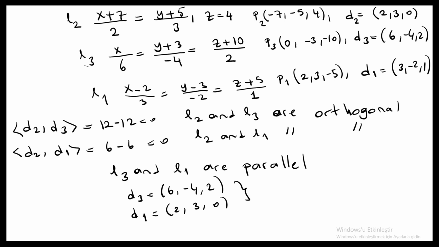I thought this one is okay. D1 is here, right? 3, negative 2, 1. So now it's correct. D3 is 2 times D1. So this implies D3 cross product D1 is 0.